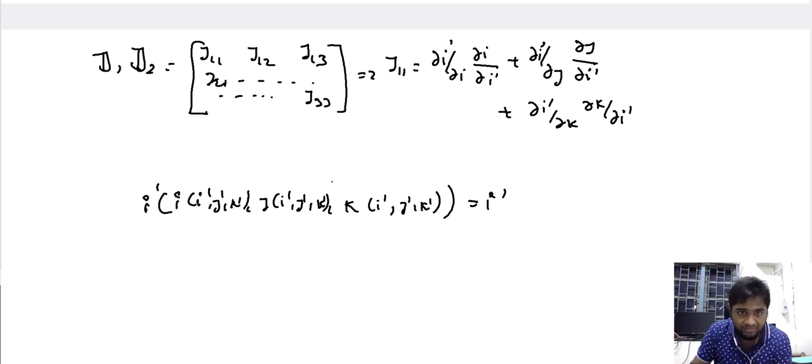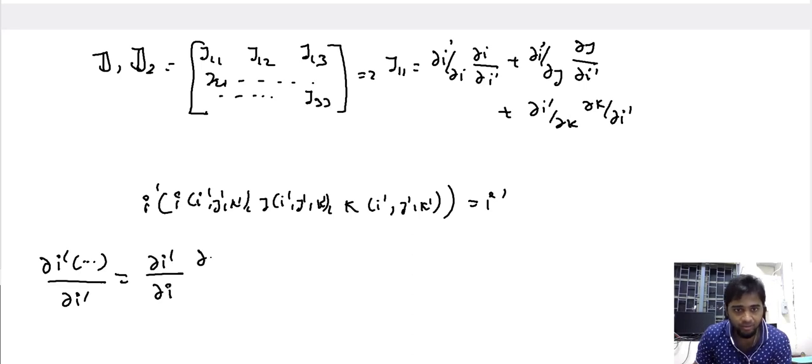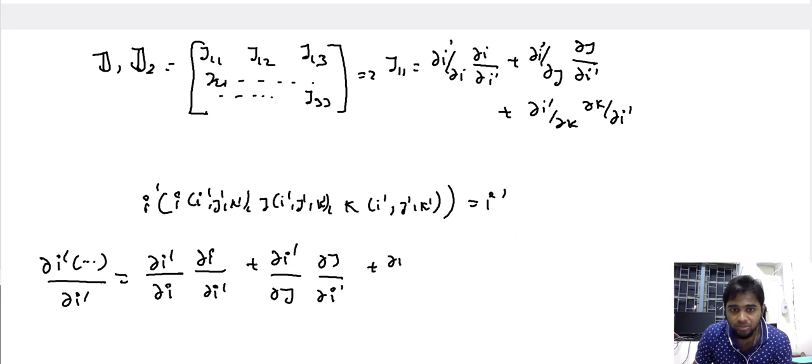On the left hand side what we have is a function, on the right hand side is an independent variable. So dou I prime as a function with respect to dou I prime as a variable. This derivative we will be able to estimate by using the chain rule. Therefore it will be dou I prime by dou I and dou I by dou I prime. So this will be the first term. The second term would be dou I prime by dou j and dou j by dou I prime, plus dou I prime by dou k and dou k by dou I prime.